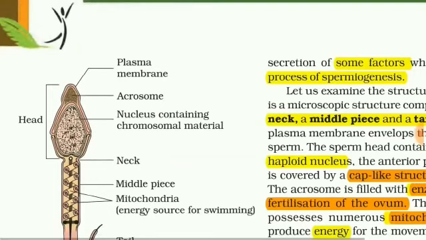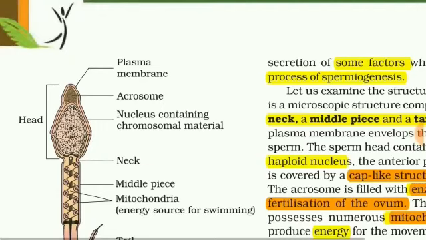All the developmental events are collectively known as spermatogenesis. The formation of spermatozoon from the spermatid is known as spermiogenesis.